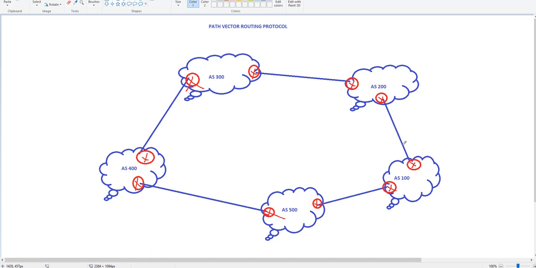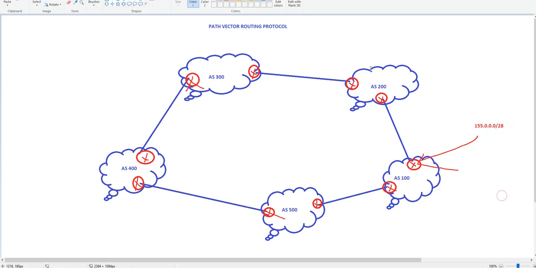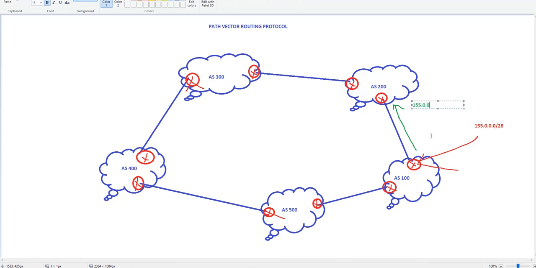Let's say this router here is advertising prefix 155.0.0.0/28. When this prefix is advertised to this router, the update contains the prefix information, just like other routing protocols update.